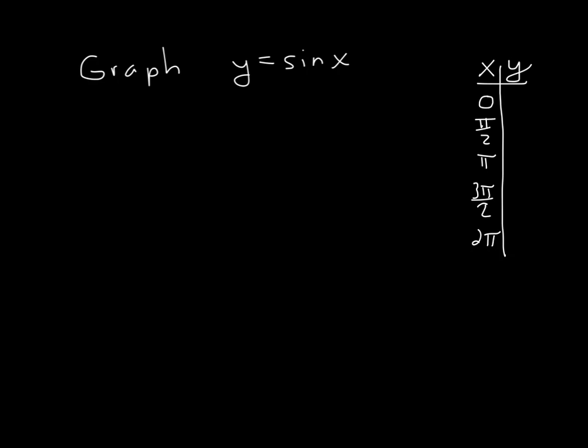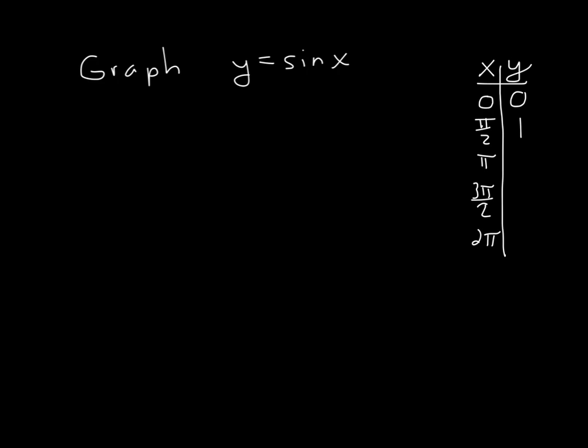So the sine of 0 is 0. You can look it up on your chart, but the sine of 0 is 0, so we're going to put a 0 in for y. And then the sine of pi over 2, on your chart, is the last thing on the chart, which is 1. So it goes from 0 to 1. I'm skipping over all the pi over 6's and the pi over 4's and all that, and you'll see why here in a second. So this one is 1.